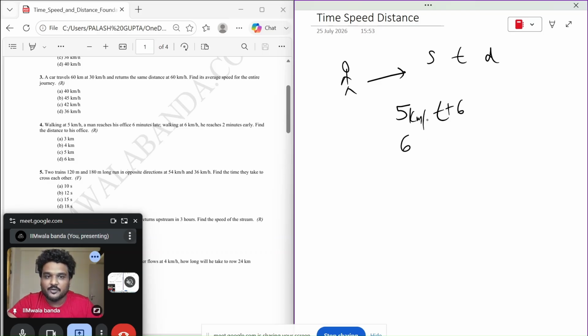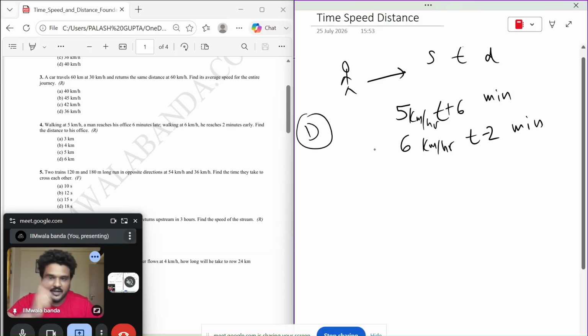You have to remember that the speed is kilometers per hour, but the time is in minutes. I'm assuming my time T also in minutes, and it is reaching 2 minutes early, so it is taking 2 minutes less time. Now we have to find the distance. So always write in the corner what we need to find. Our eye should always be on the final output.